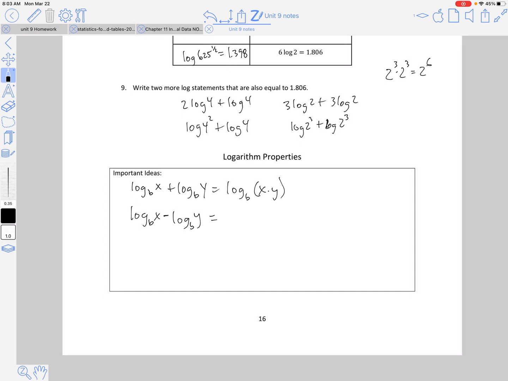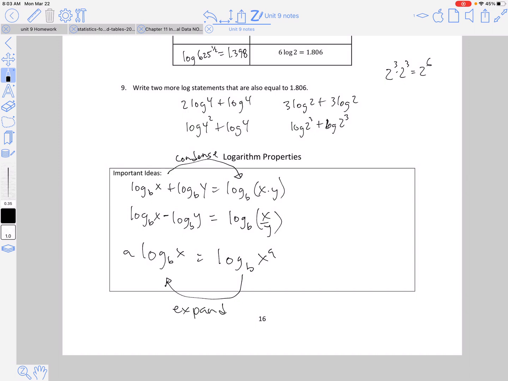It's going to equal log base x over y. And if we have log with a constant a in front of it, it'll give us log base x to the a. Now mathematicians call going from this column to this column condensing. And they call going from this column to this column expanding. So if you see that wordage, that's what they're talking about.